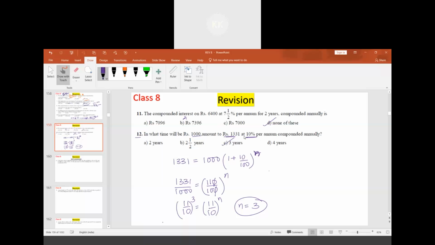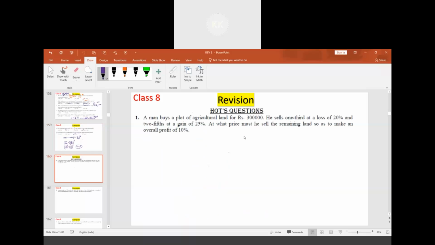So these were the questions which are MCQ type. Now we have long answer type questions. The first long answer type question is related to percentage. A man buys a plot of agricultural land for rupees 3 lakh.